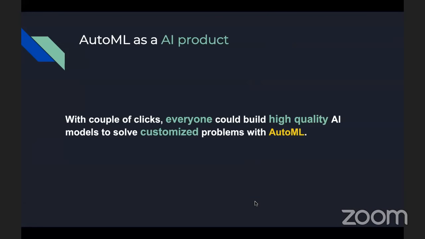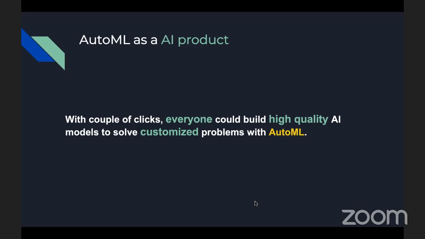Then it comes to the second meaning of AutoML as an AI product. This is our idea. We want to have an AI product that with a couple of clicks, everyone could build high quality AI models to solve customized problems with AutoML.